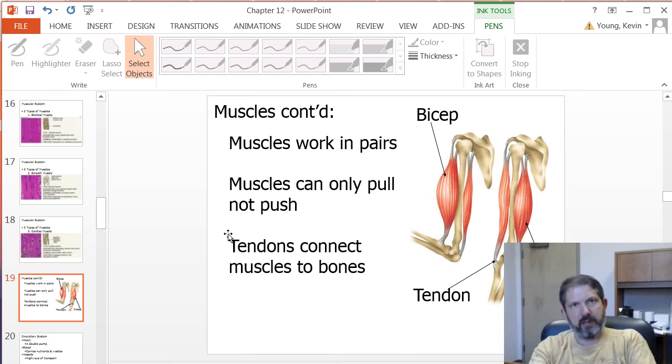So your biceps is not the only muscle to bend your elbow joint. There's also a muscle beneath the biceps that does the same job, same exact job, but it's a different muscle. So those are synergistic. But the biceps and triceps are antagonistic. They do opposite. And so your quadriceps and your hamstrings, those are opposites.